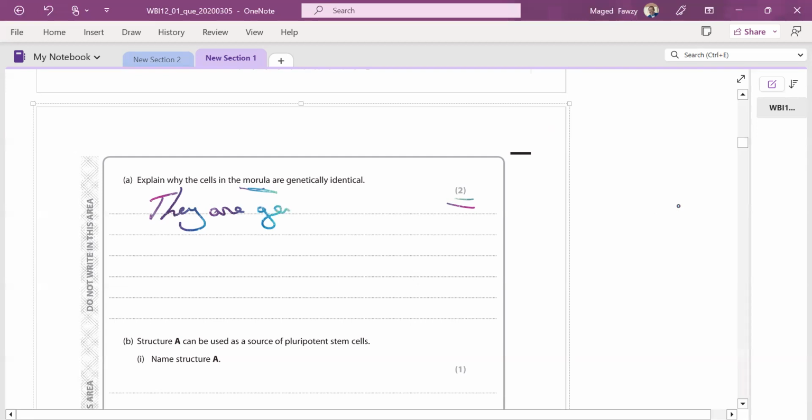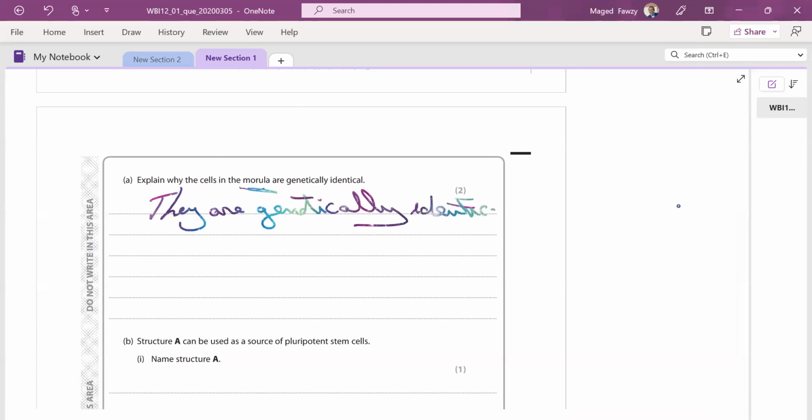They are genetically identical due to being derived from the zygote cell.